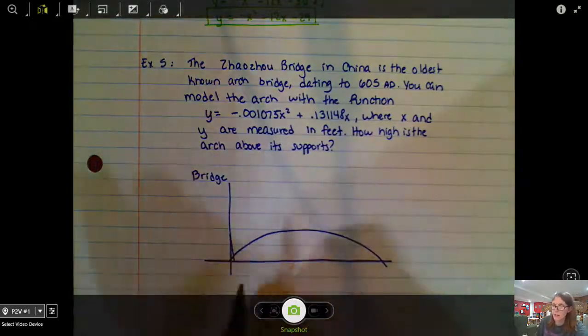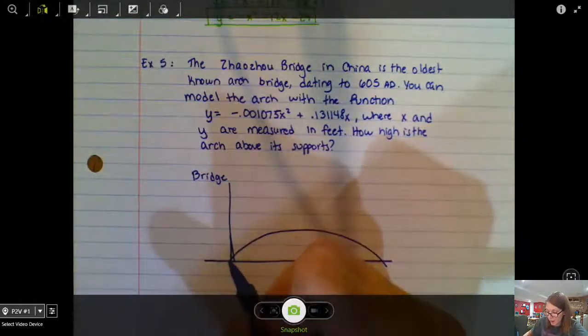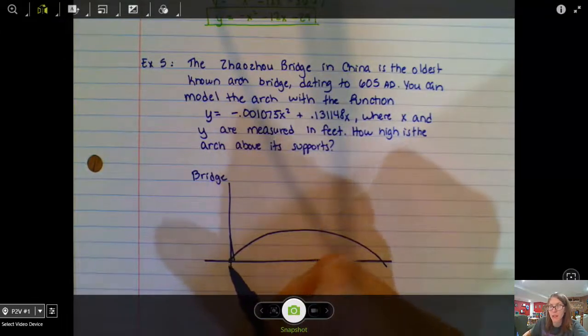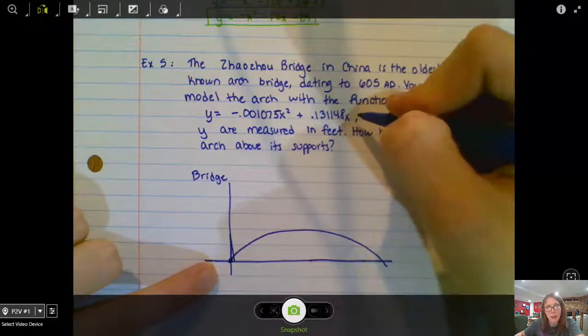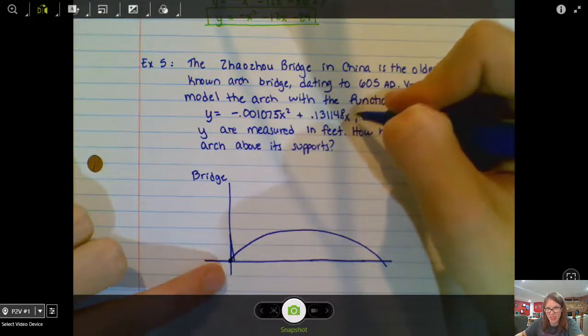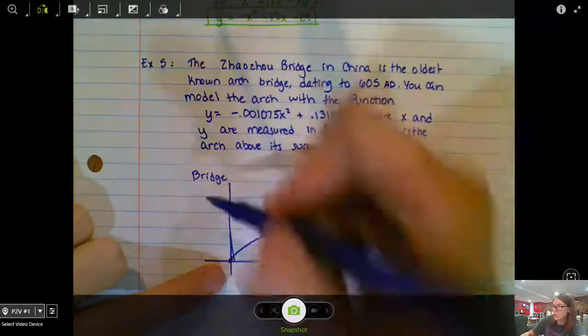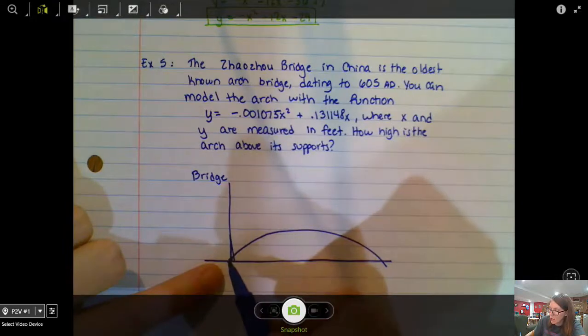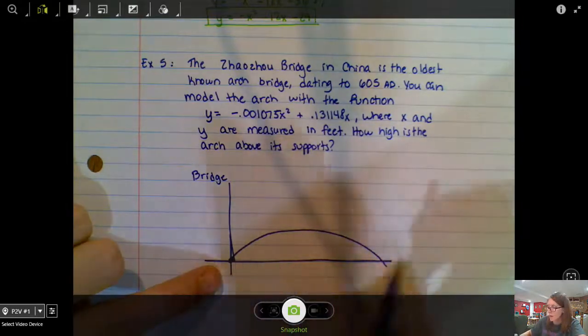I know this end of the bridge is starting at the origin because my c value, my y-intercept, is 0. There isn't a c value here. So as far as our diagram goes, this is the ground level here.